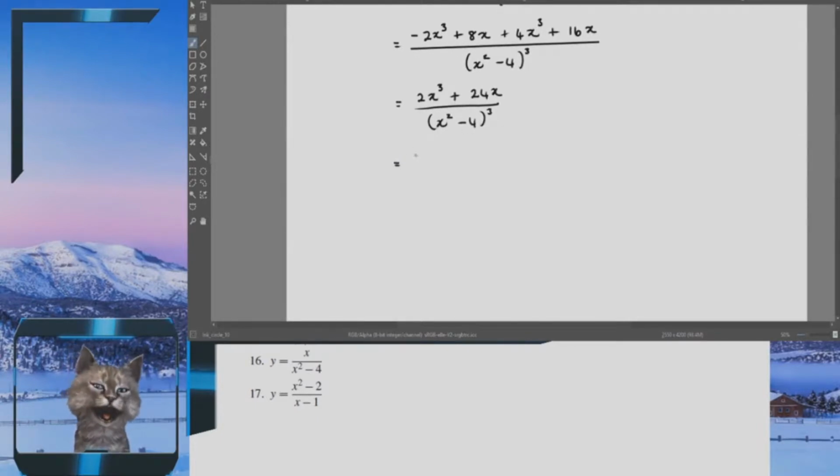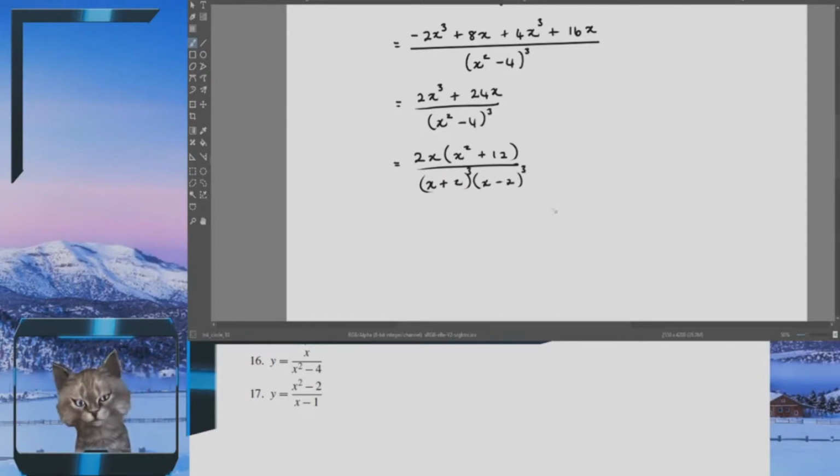Now I can take out a 2x and be left with x squared plus 12, which is a plus, so it's not going to factor. I can, however, factor the bottom at this stage because I am done, there are 3 of each of these. And there is my second derivative.